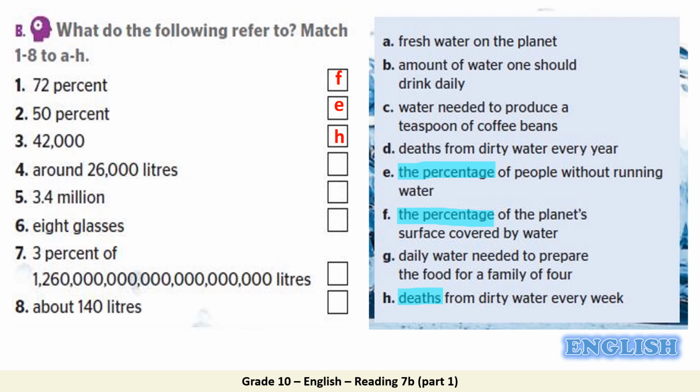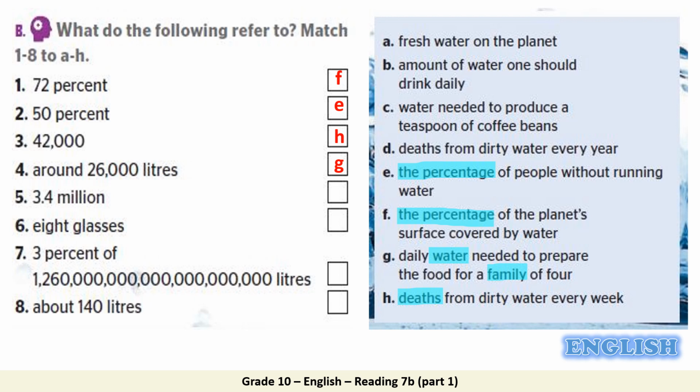Number 4, around 26,000 liters. So liters of what? It's about water we are talking about. So here, that's the answer G. Daily water needed to prepare the food for a family of 4. Number 5. 3.4 million.